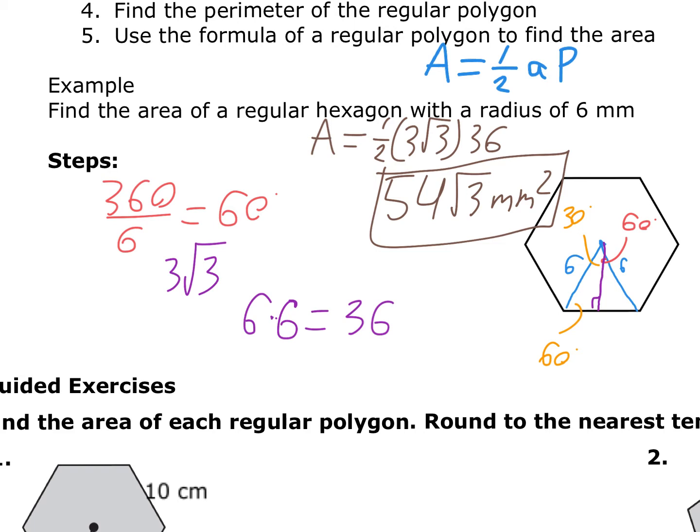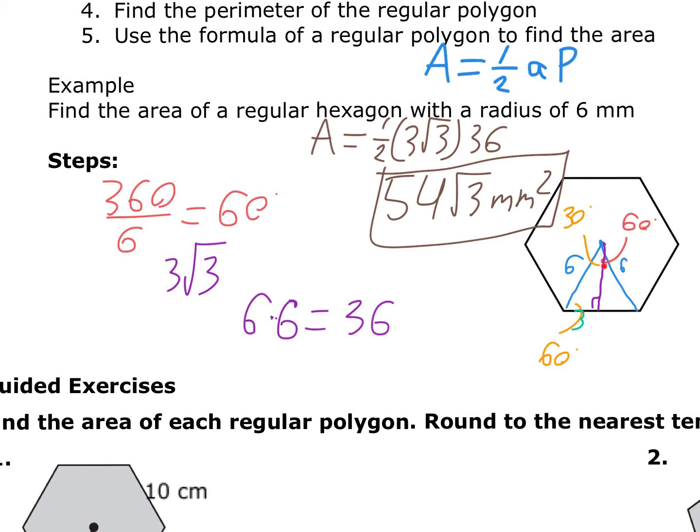Now, real quick before I continue, some of you might have been confused as to why I jumped from saying, well, this was 6 millimeters, making this 6 millimeters as well. If you recall, in a 30, 60, 90 triangle, the hypotenuse is twice the length of the short side. So this short side here, which I'll put in green, would have been 3 units in length.